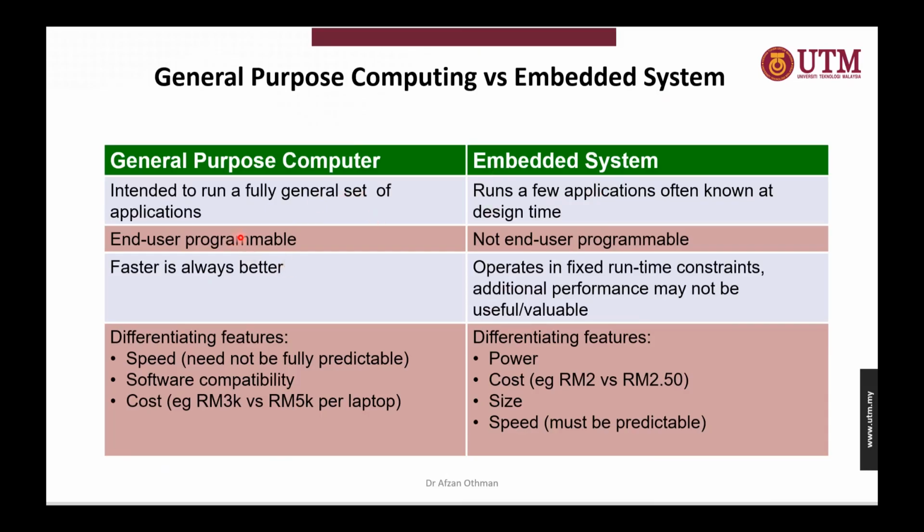And then the general purpose computer is end user programmable. So what is end user programmable? You can reprogram your computer so that you can run another function. For example, if you're going to watch a movie on a computer, what you need to do is just install a video media player to play a movie.